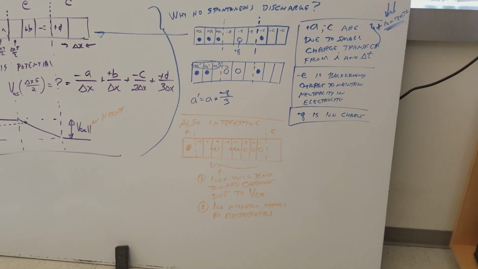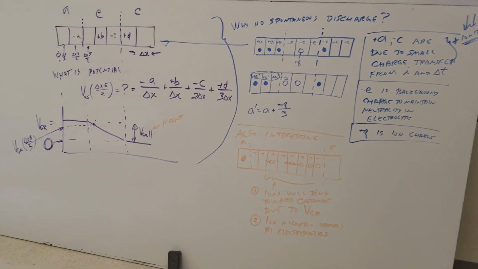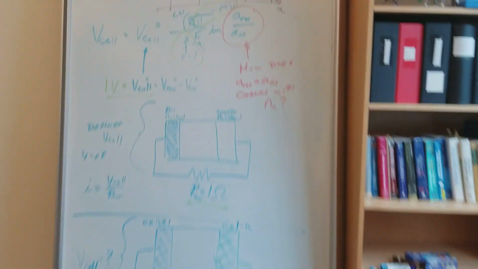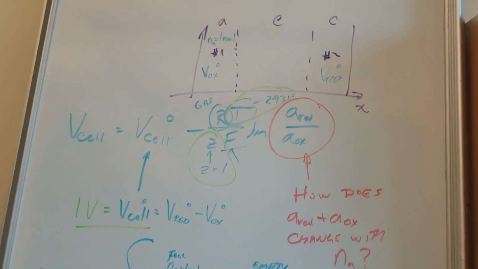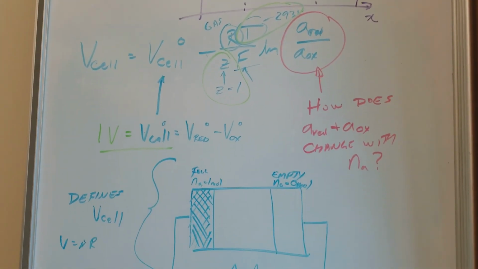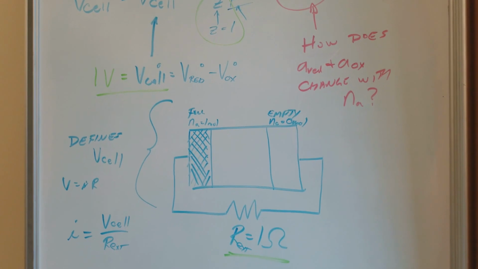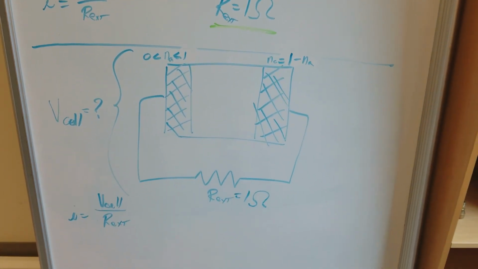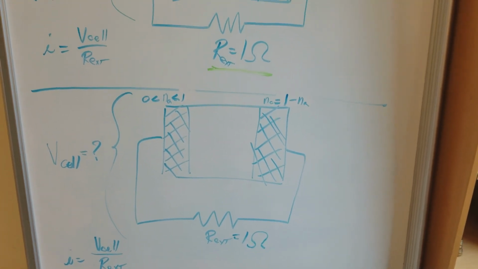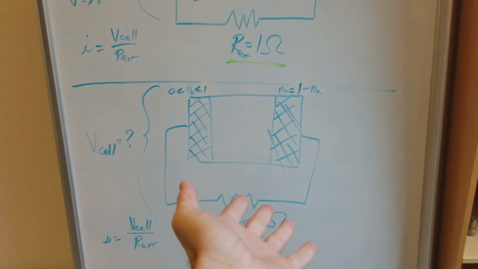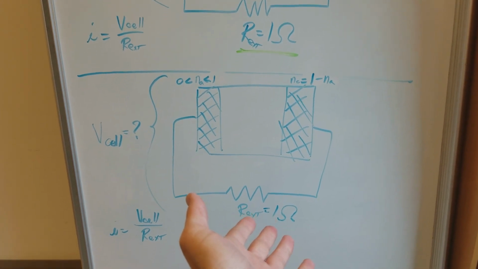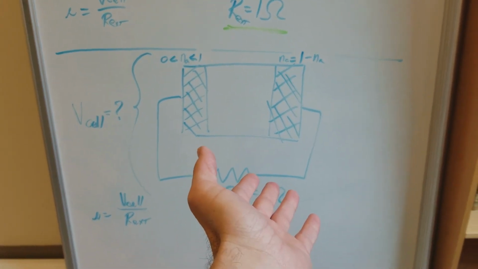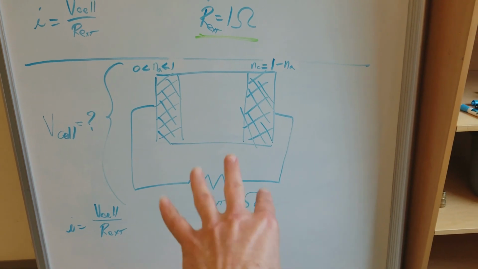So this is the model overall, and I'll shoot the board one more time so we can keep this on record. This is our Nernst equation, kind of our beginning simple thought experiment of what we're going to have. And we should be able to show what happens with a constant external resistance. If we do have a constant external resistance, then we should get plots that look like this.